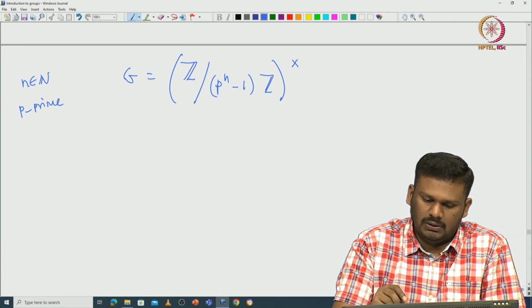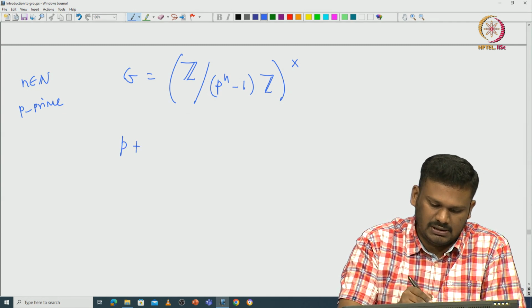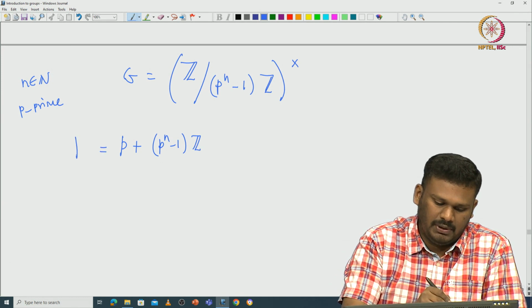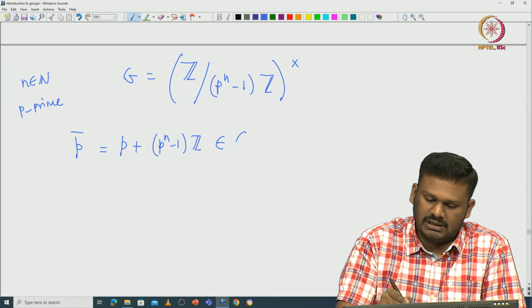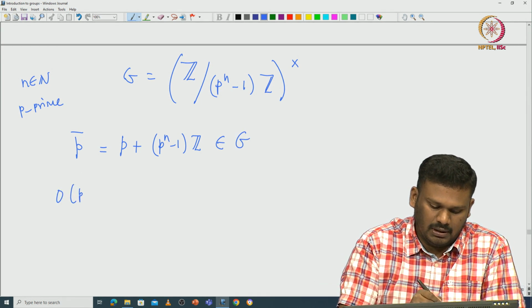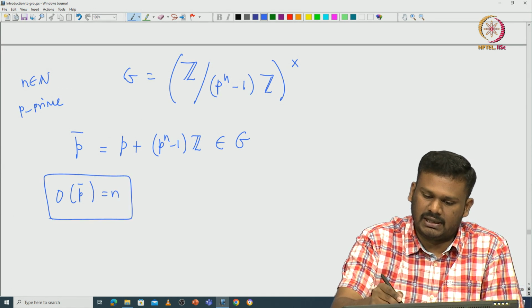Now you can easily see that if you consider this element p plus (p power n minus 1) Z, which we call p bar, inside this G, then the order of this p bar has to be n. Why is that the case?